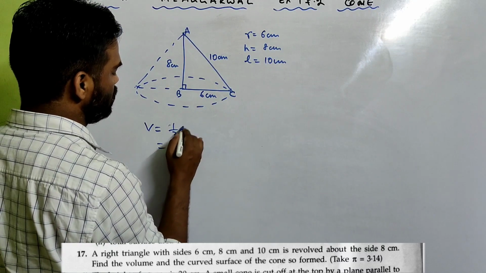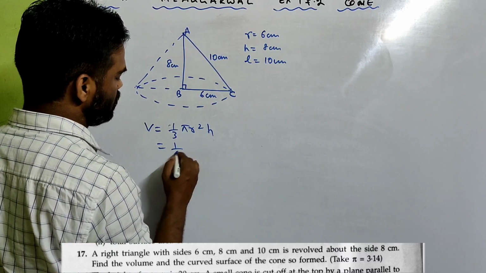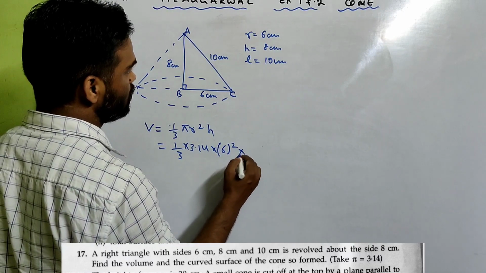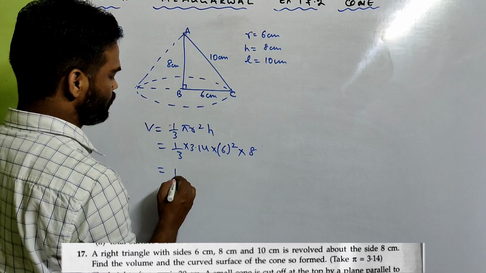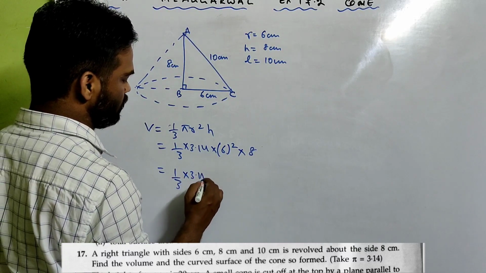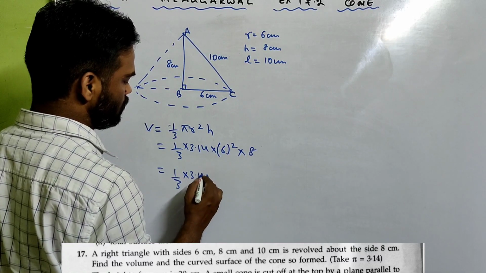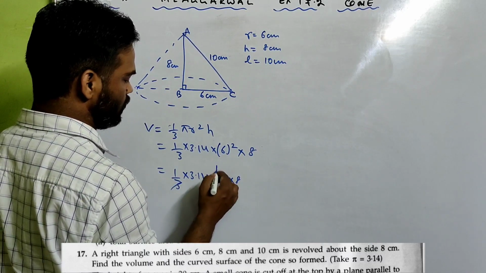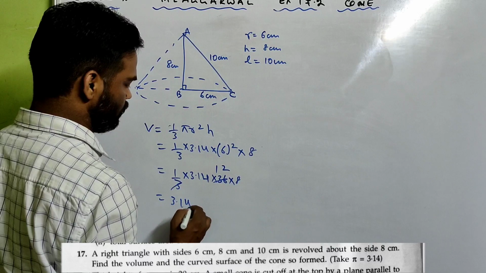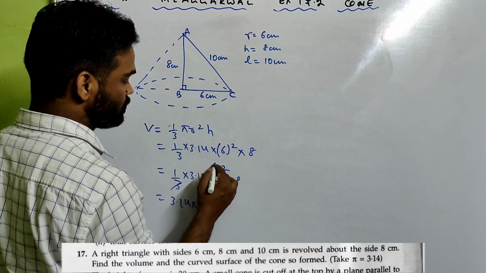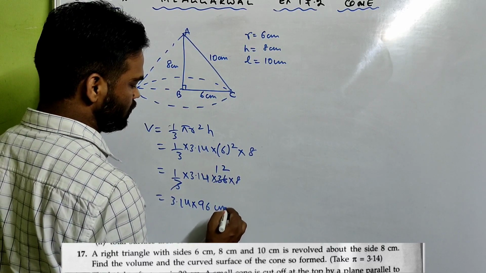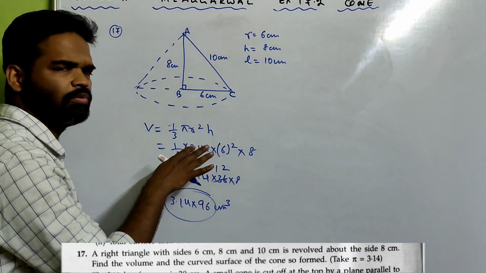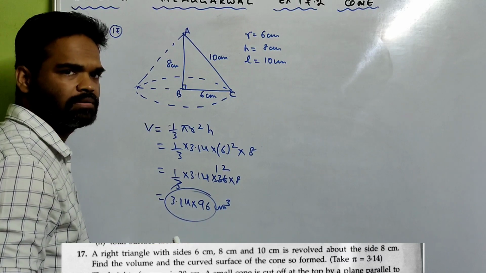So 1/3 pi r square h. 1/3 into 3.14 into 6 square into height 8. 3 1 times, 3 12 times. So that's 3.14 multiplied by 12 into 8, which is 96 centimeter cube. Solve it. We'll get the answer. Very easy. Just put the value. Pi r square h by 3. Volume.